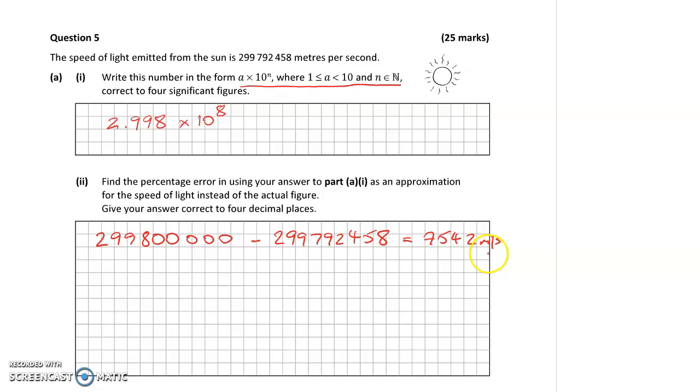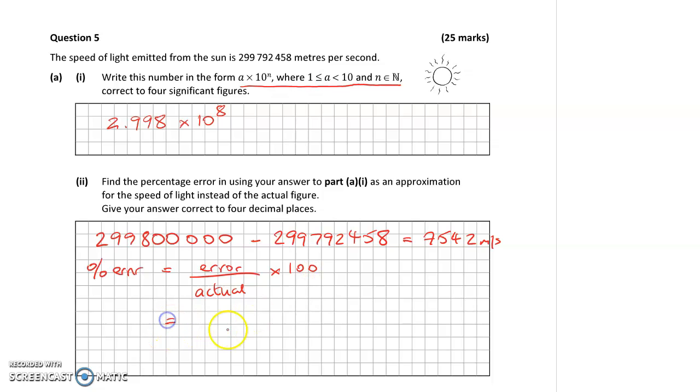The units aren't that important at this stage. That is the actual error. That's the difference. So a percentage error is worked out by saying, what is your actual error, divided by the actual value, the correct value, and times that by 100.